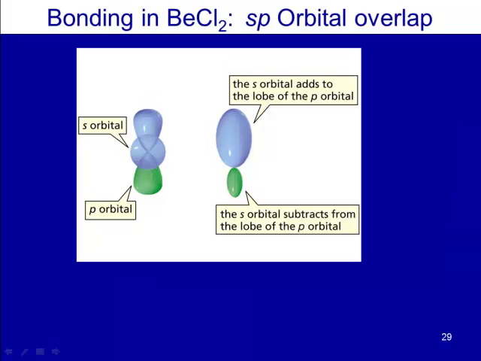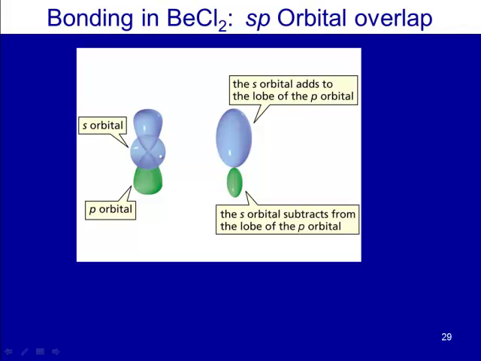And when you add them up, because of the sign of the electron density, like for all the other structures such as trigonal planar, tetrahedral, trigonal bipyramidal, and octahedral, all those will have plus lobes and negative lobes.